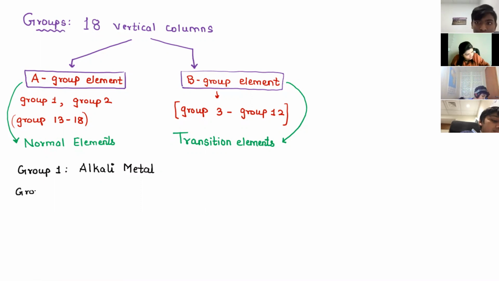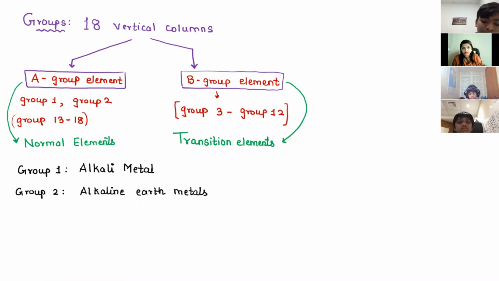Group 2 are called as alkaline earth metals. So group 1 are called as alkali metals. Group 2 are called as alkaline earth metals.